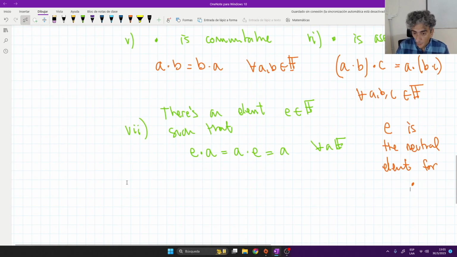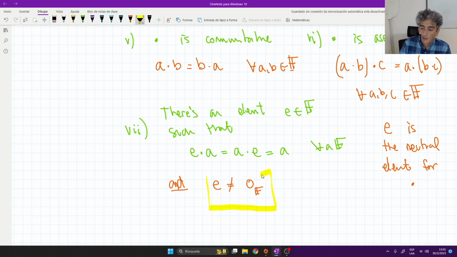And we have to ask that E has to be different from the 0 element. So this prevents the trivial cases for rings. We're going to work with rings where the neutral elements for plus and multiplication are different.